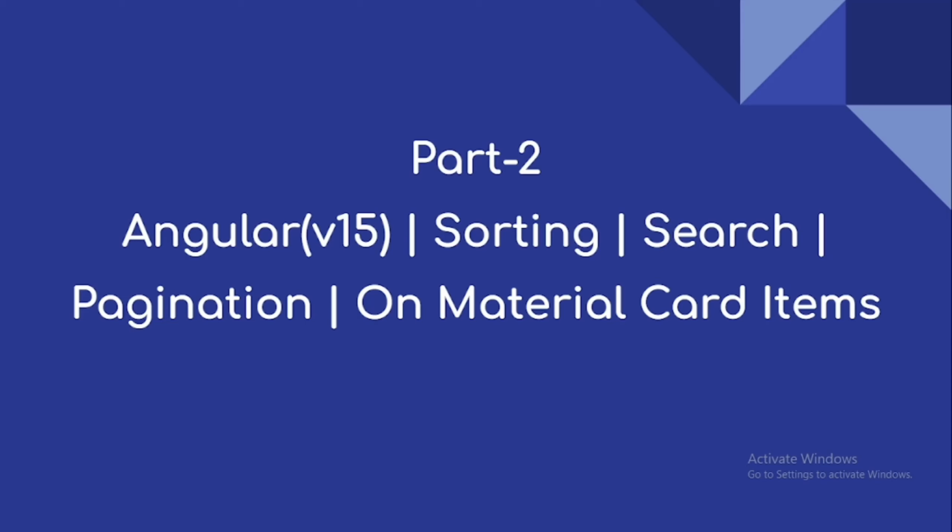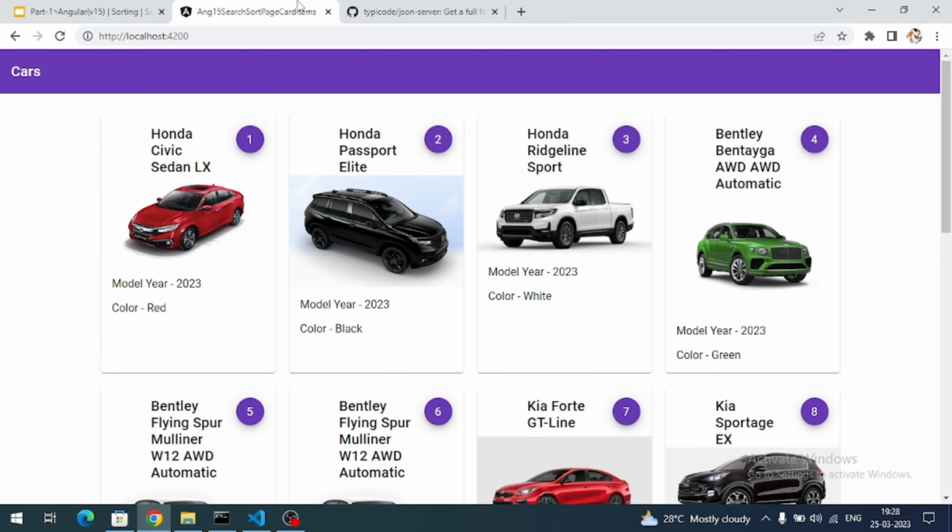So this is part 2 video on Angular 15 sorting, search and pagination on material card items demo. In this video we are going to implement sorting. So here is our application we just built.